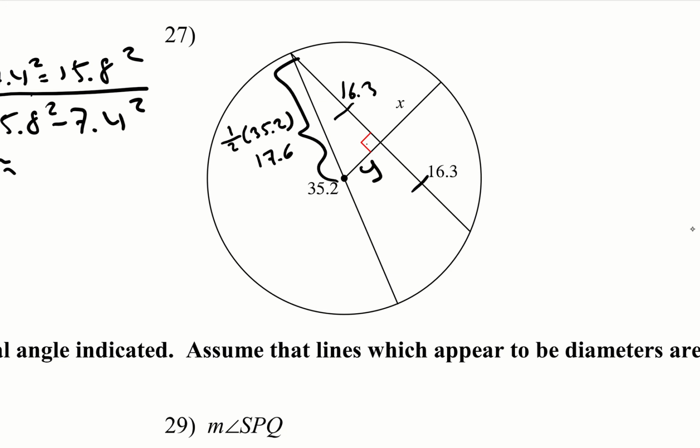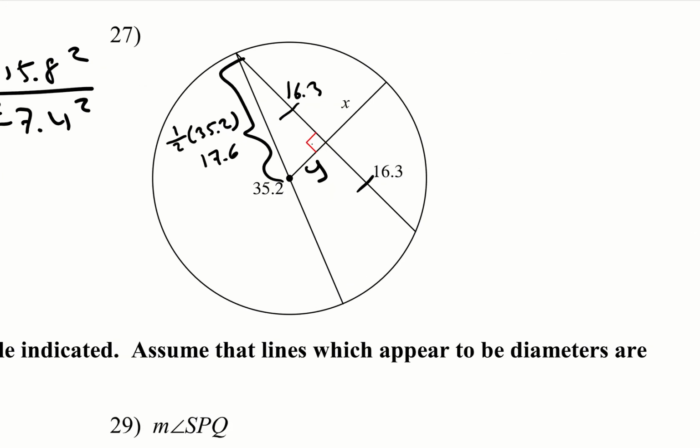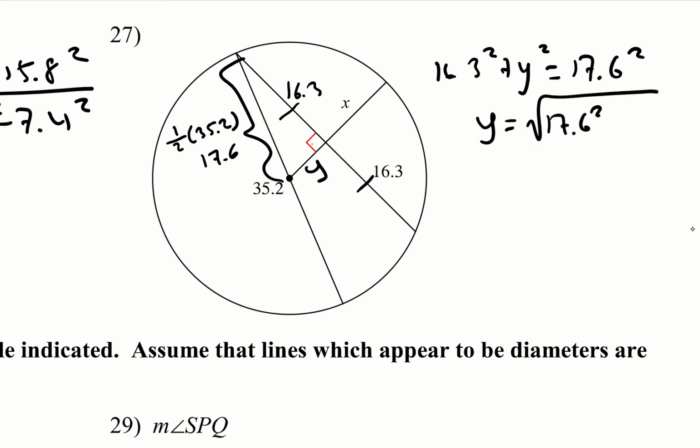So a squared plus b squared: 16.3 squared plus y squared equals c squared, which is 17.6 squared. So you can solve for y by doing the square root of 17.6 squared minus 16.3 squared, if I subtract this over to the other side. So then we can get y.